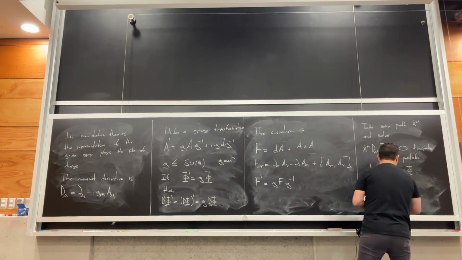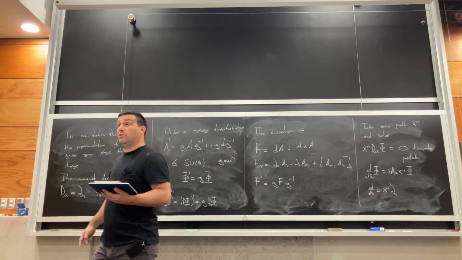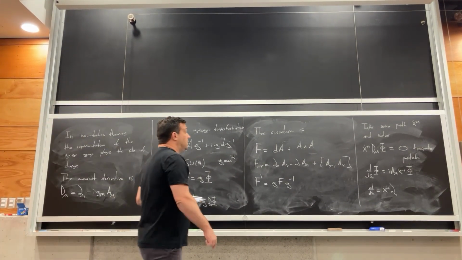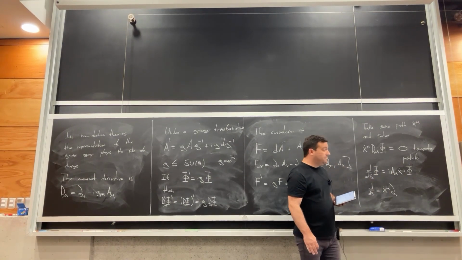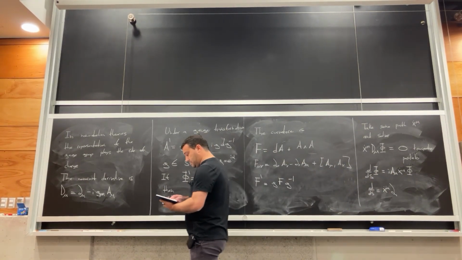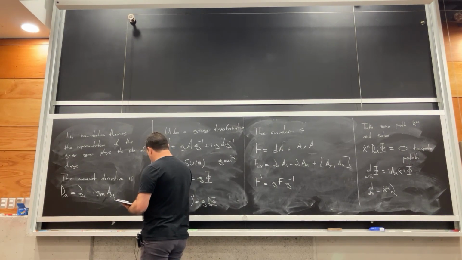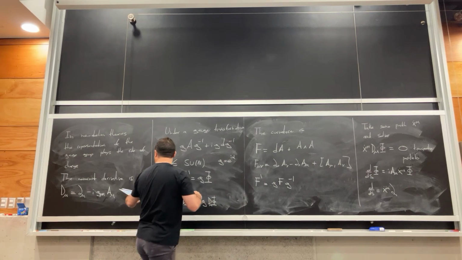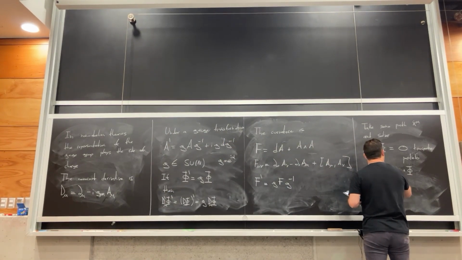So it's the tangent derivative along the curve, right? It's just the chain rule. So this would be the equation. And sorry, I forgot, there's a g Yang-Mills there.